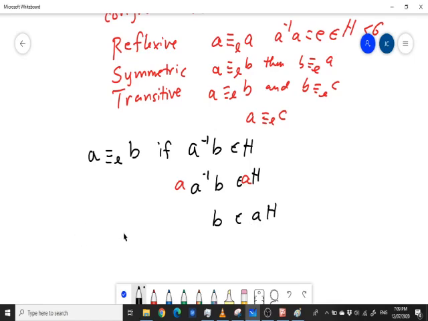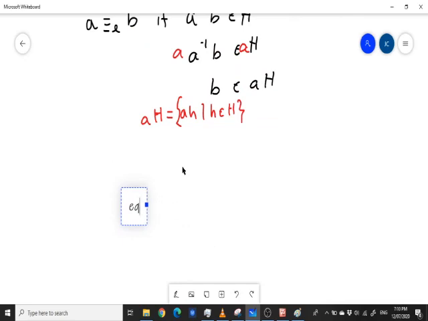So, meaning, yung equivalence class nila is AH, which is the set of all the products AH such that H is in H. So, since A and B are congruent or related, then they belong to the same equivalence class. So, these are the equivalence classes.